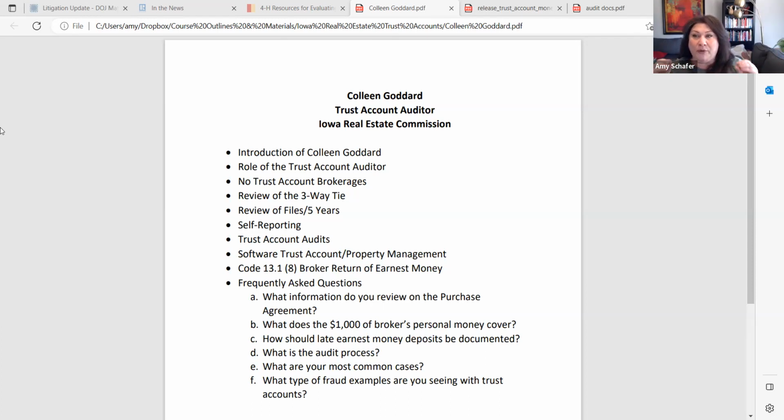So if you are one of those brokerages that does not have a trust account, make sure that you're communicating that in multiple spots on the MLS under agent only remarks or somewhere, so that when the buyer's agent fills out that purchase agreement, they know exactly what to write on there so that it's clear. That's a very good point. Thank you, Amy, that's very true.